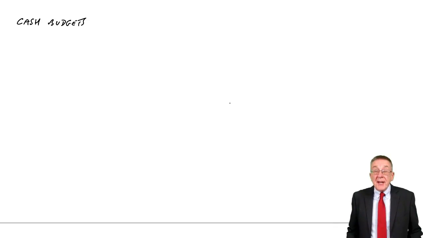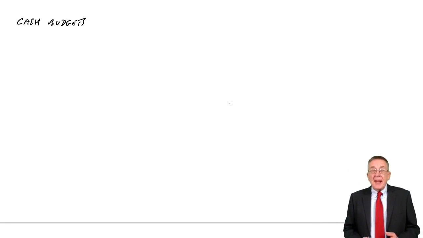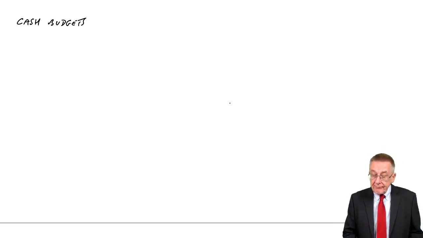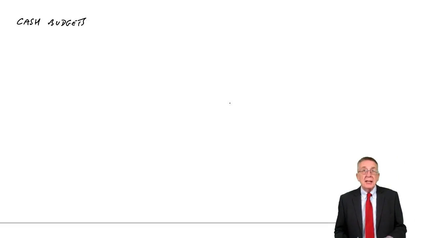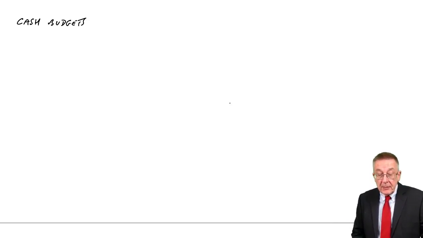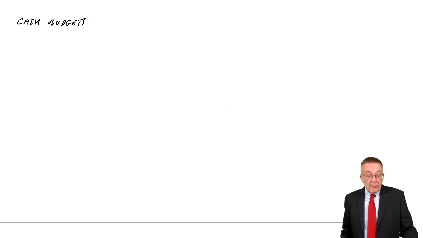All right, this is the second lecture on the management of cash. And I said at the end of the previous lecture, as far as calculations are concerned, there are three things to be aware of. The first of which, and by far the most important in practice, is cash budgets.